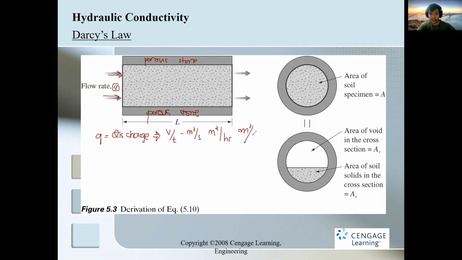So it depends on the presentation of your equation, or what particular unit the problem asks for in the discharge. It can be presented differently, as long as it's volume over time, so the numerator is all volume and the denominator is all time.